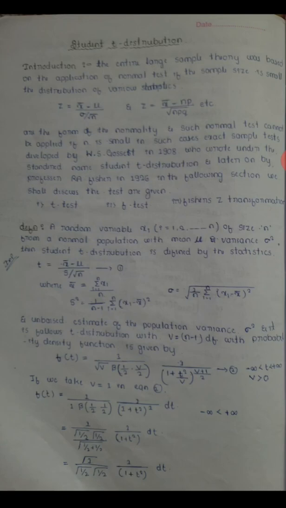You know, the standard deviation sigma is equal to the square root of 1 by n summation i equal to 1 to n of xi minus x bar whole square, and s square is an unbiased estimate of the population variance sigma square.